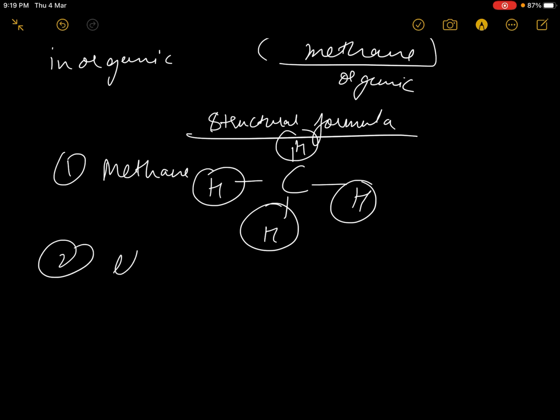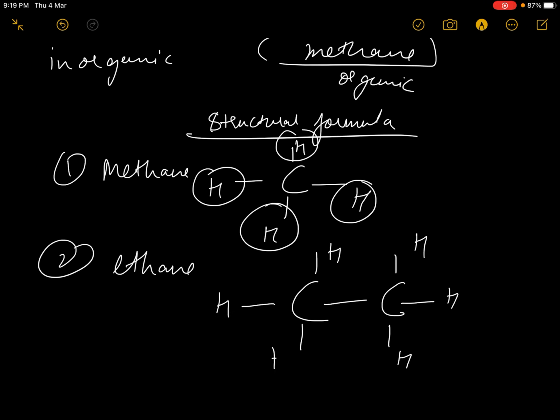And likewise there is ethane. In ethane, there is a carbon, another carbon comes, and we have 3 hydrogens on each. There are 2 carbons, and the valency is satisfied. We can see that it has 4: 1, 2, 3, 4.